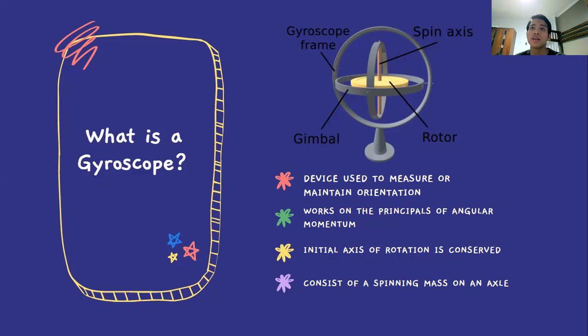In general, a gyroscope is a device used to measure or maintain orientation that works on the principles of angular momentum. Its initial axis of rotation is conserved, and it consists of a spinning mass on an axle.